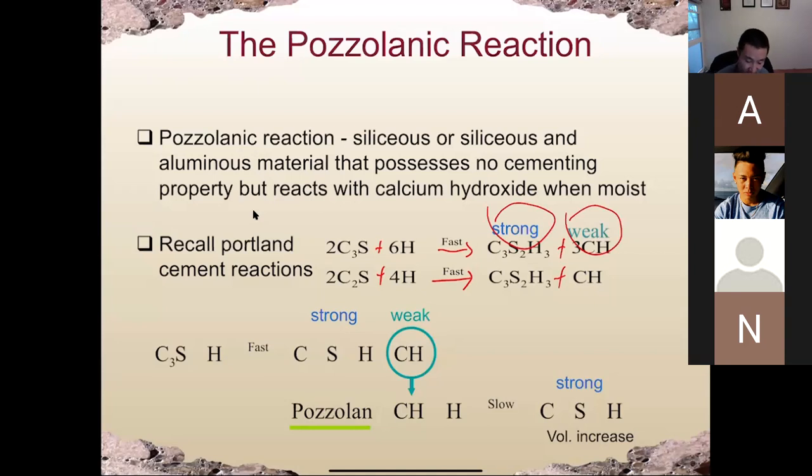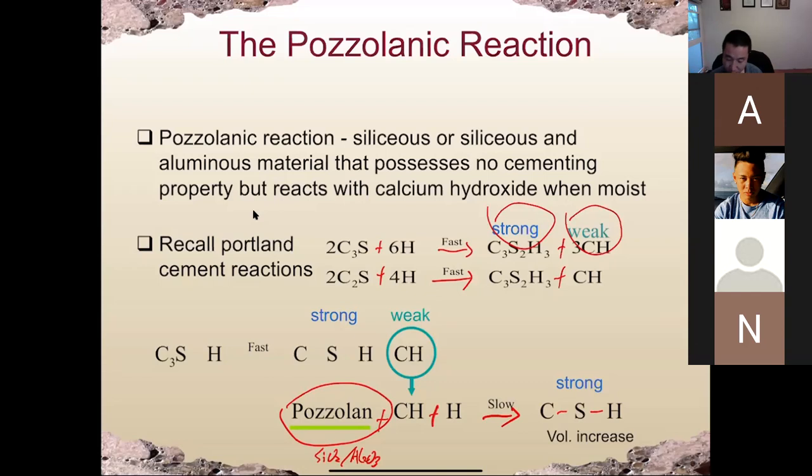The pozzolanic reaction is the pozzolans, which mostly have silica oxide, sometimes aluminum oxide, plus calcium hydroxide, which is coming from hydration of C3S or C2S, and plus water, and we have CSH formed again.